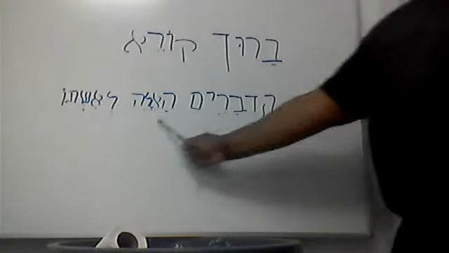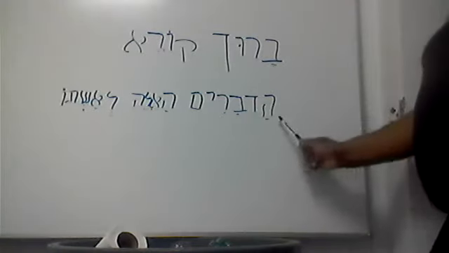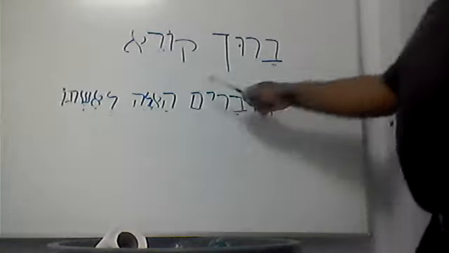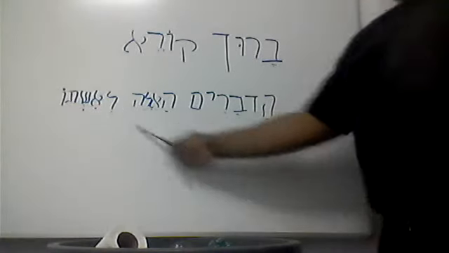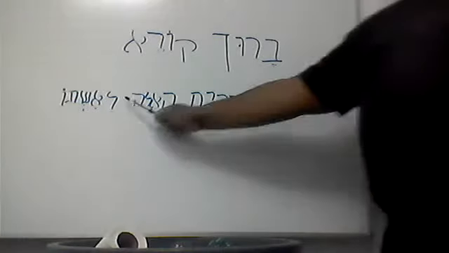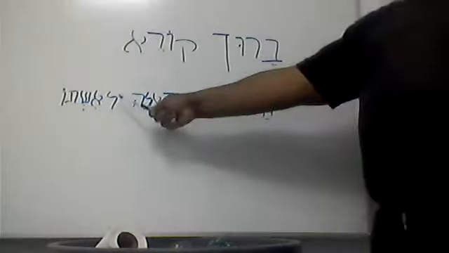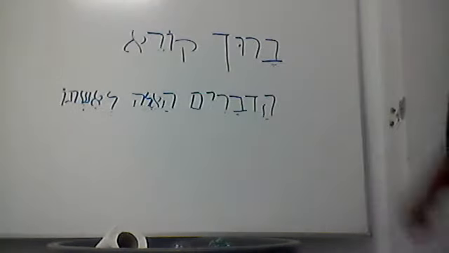Words. These. Hadbarim. The words. Ele. The words these. Hadbarim ha'ele. These words. Le'ishto. This lamed meaning to or for. Ishto meaning his wife.